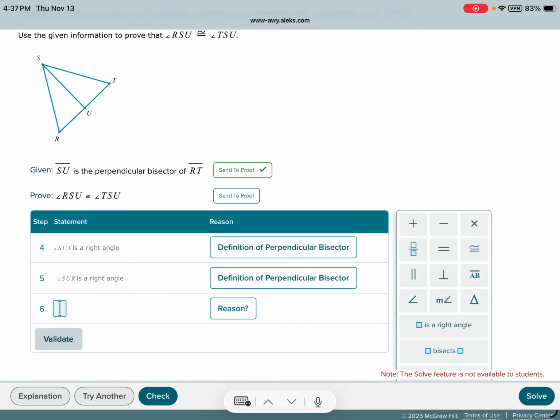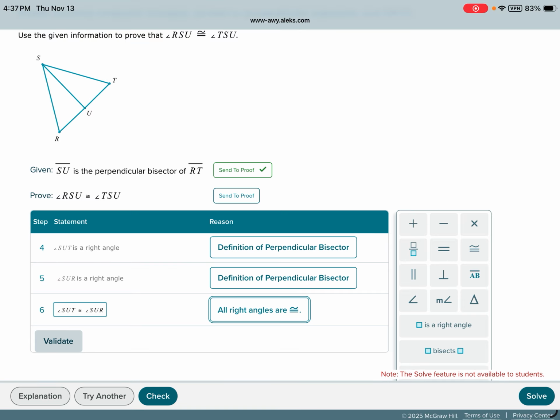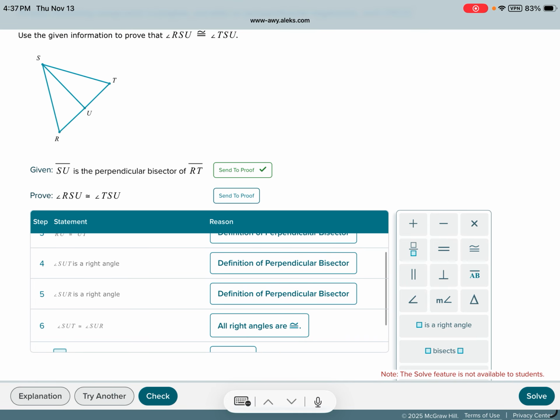And now you can take that extra step and you can say, and because they're both right angles, they're equal. I don't know why we have to take that extra step. Seems a little bit like dancing, but all right angles are congruent. There we go. So that's the steps we have to take to be able to get those congruent.